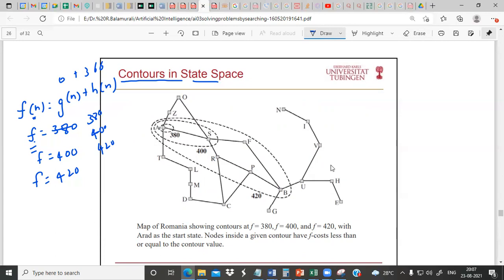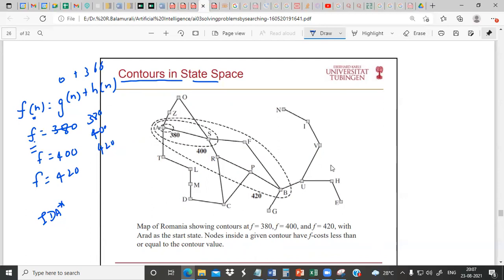But what does this IDA-star algorithm say? Say initially we kept 380. When we keep f equal to 380, only Arad is there. No other node is available because we are unable to include anything.